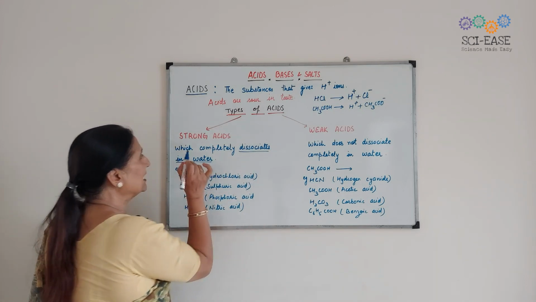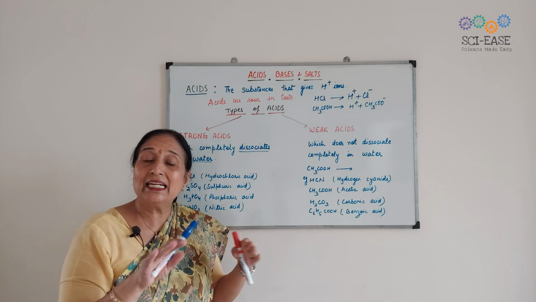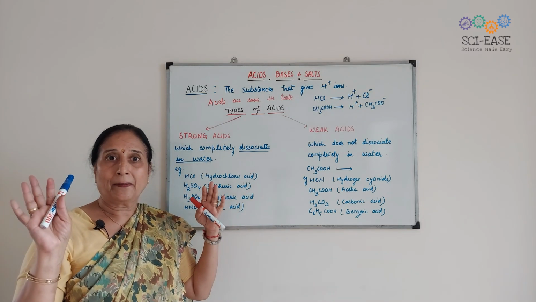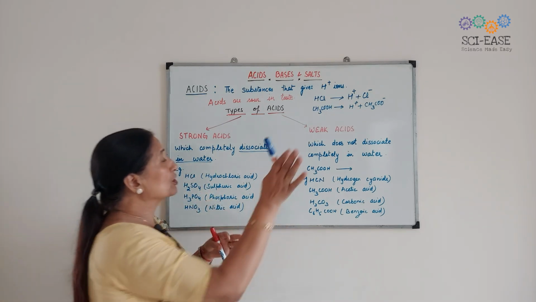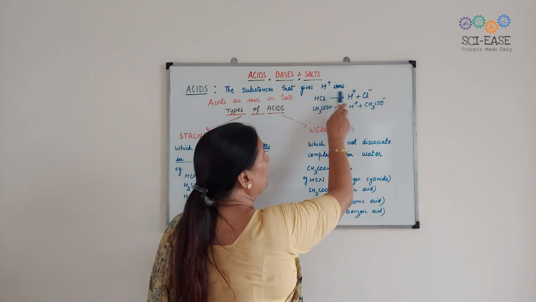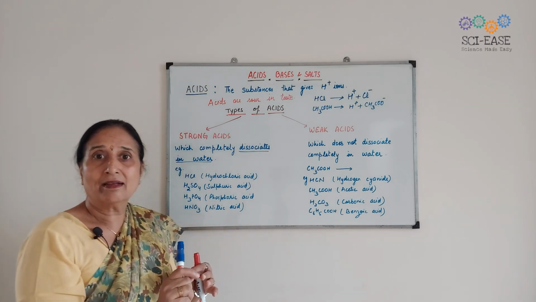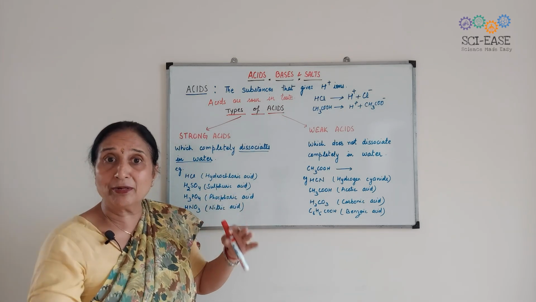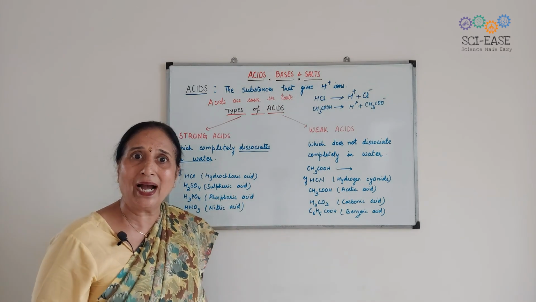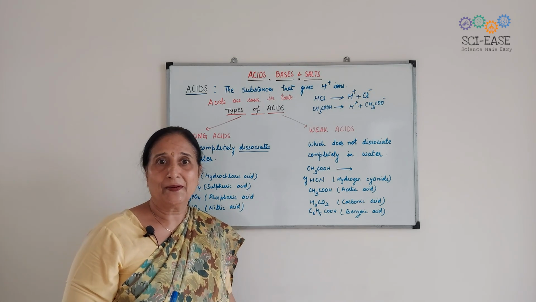When we dissolve an acid in water, it gets completely dissociated. Suppose I take 100 molecules of HCl, they will dissociate completely into H positive and Cl negative ions. All the 100 molecules will be converted into ions. These are the strong acids.